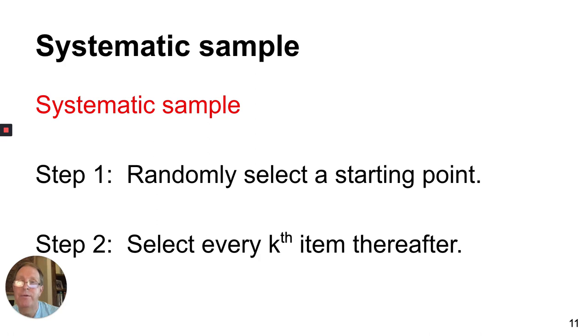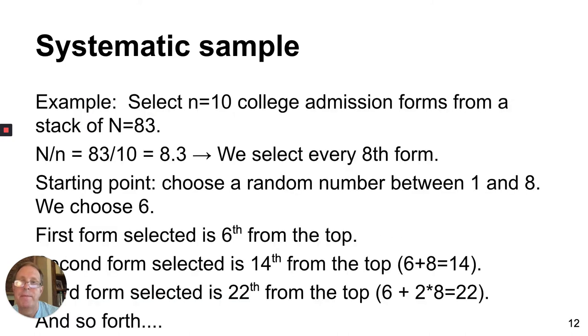Another type of sampling is called a systematic sample. It has 2 steps. We randomly select the starting point, then we select every kth item thereafter. What does it look like?